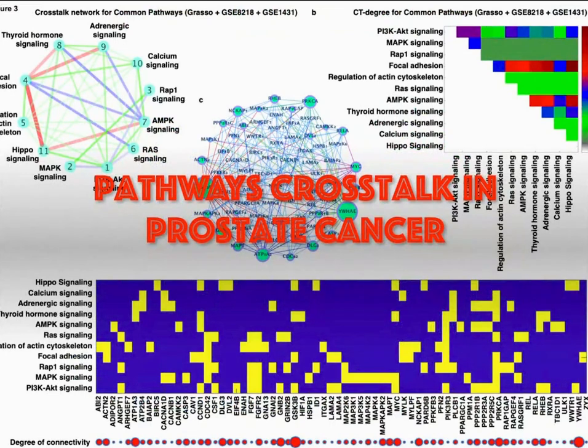Now, if you want to go for much deeper analysis, then you can make a network of not just pathways, but also with their genes or proteins, which you can see here in figure number C. Those pathways which you are seeing in the left side corner figure, pathway network, these 11 pathways are having these particular proteins, which are the source of pathway crosstalk.